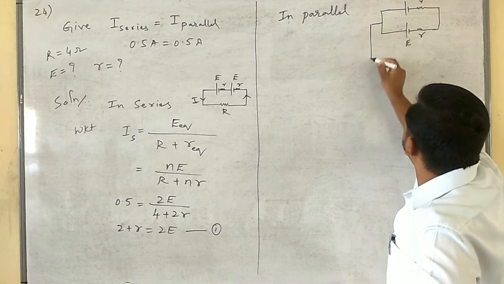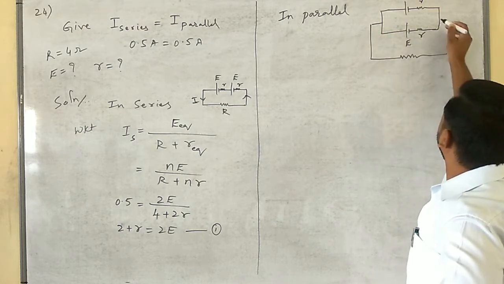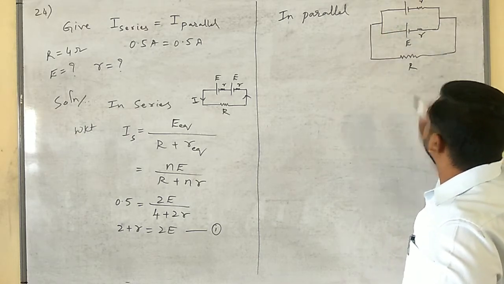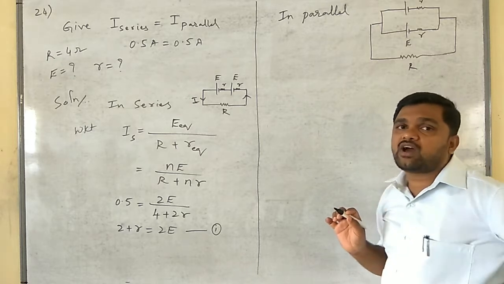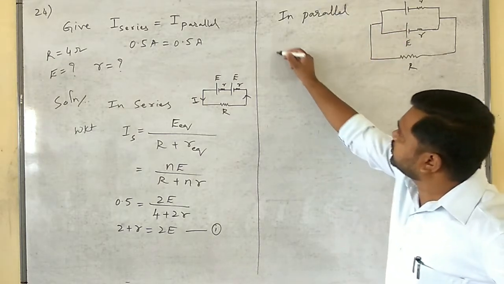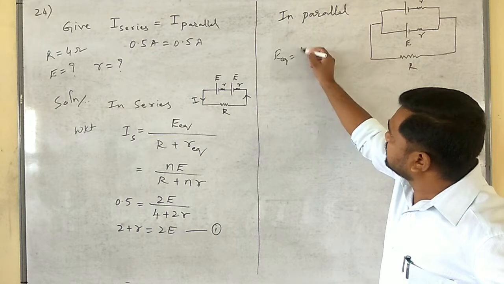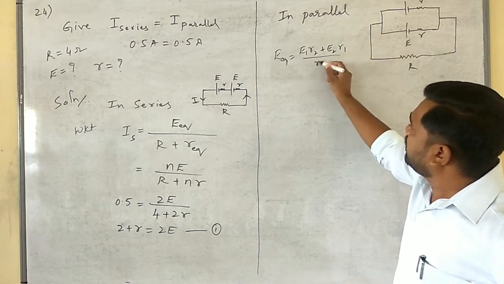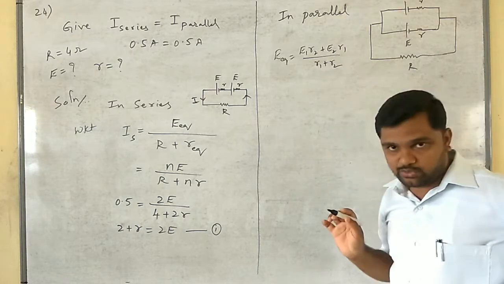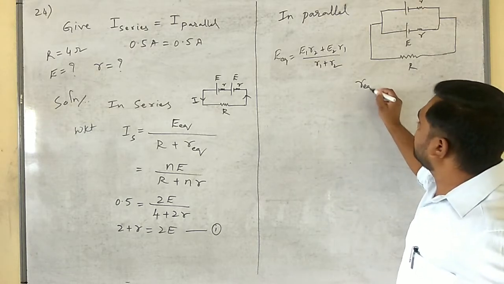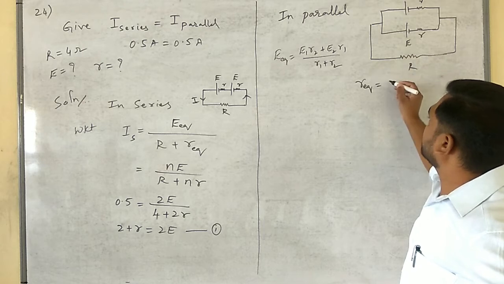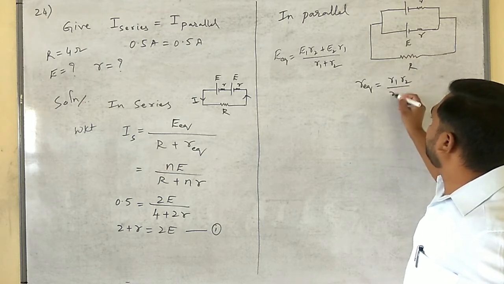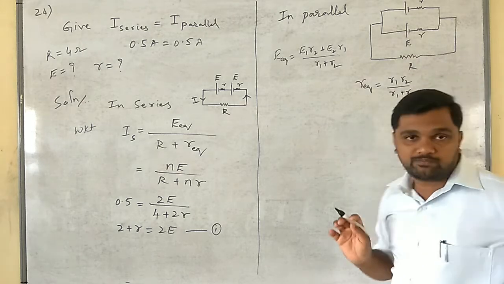Now this combination is connected to an external resistance R. So what is the formula I have taught for parallel combination? E equivalent is equal to E1 r2 plus E2 r1 divided by r1 plus r2. Correct? And for small r equivalent, what I have taught: r1 r2 divided by r1 plus r2.